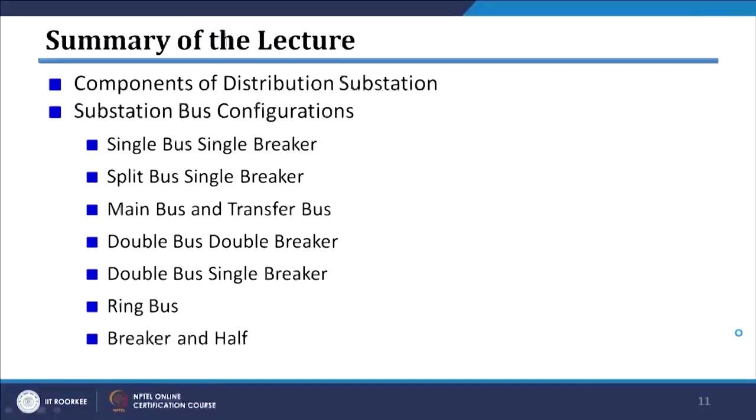Those are split bus and single breaker arrangement, main bus and transfer bus, double bus double breaker, double bus single breaker, ring bus, and breaker and half scheme.